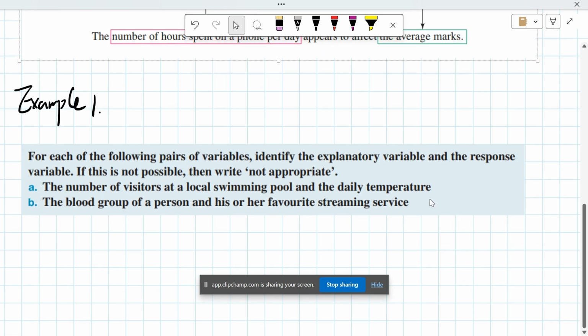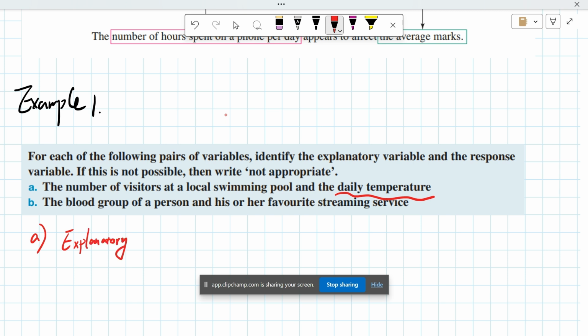First things first. The first one is A: the number of visitors to a local swimming pool and the daily temperature. The daily temperature is the explanatory variable. Why?